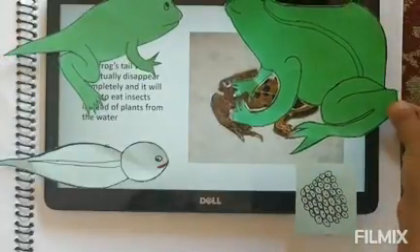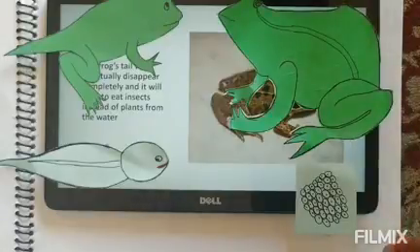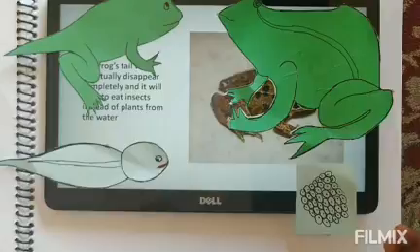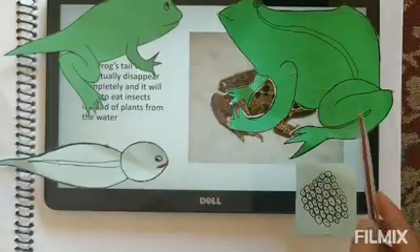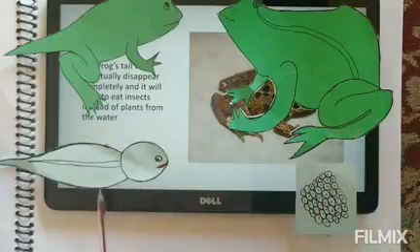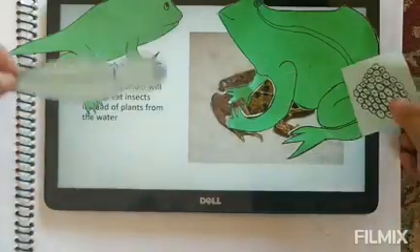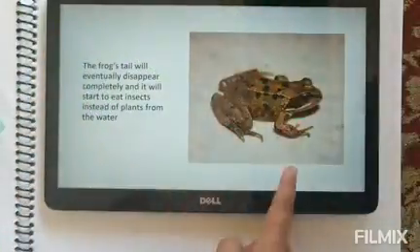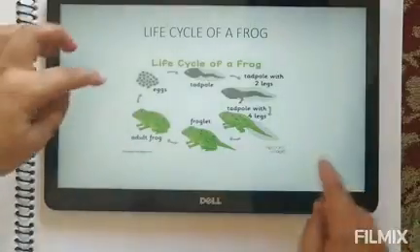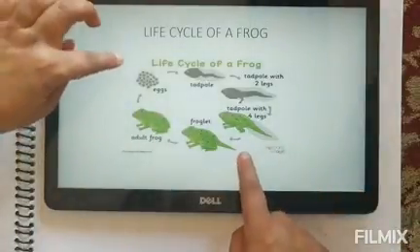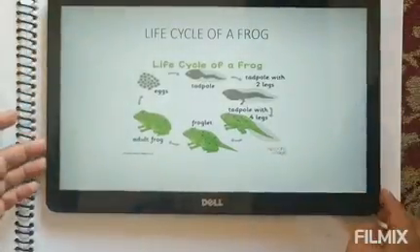Okay, so there are some more stages in the life cycle of a frog. Okay, so the eggs hatch into tadpoles. Remember, tadpoles, caterpillars, larvae. Okay, these are some of the terms now you know. Okay, so let's look at this life cycle once again.